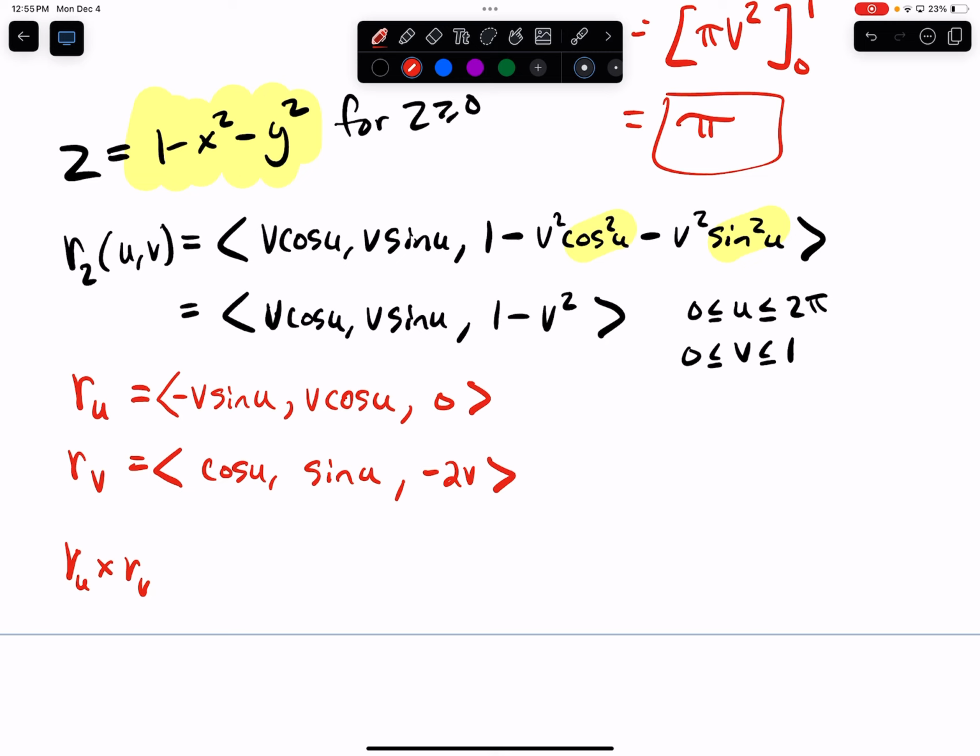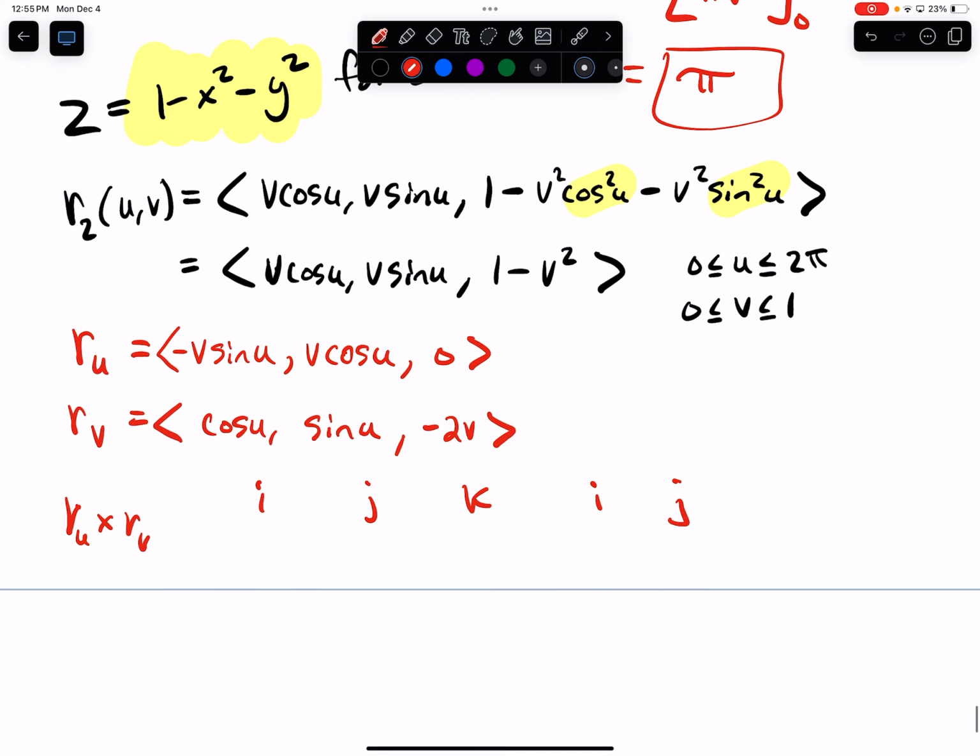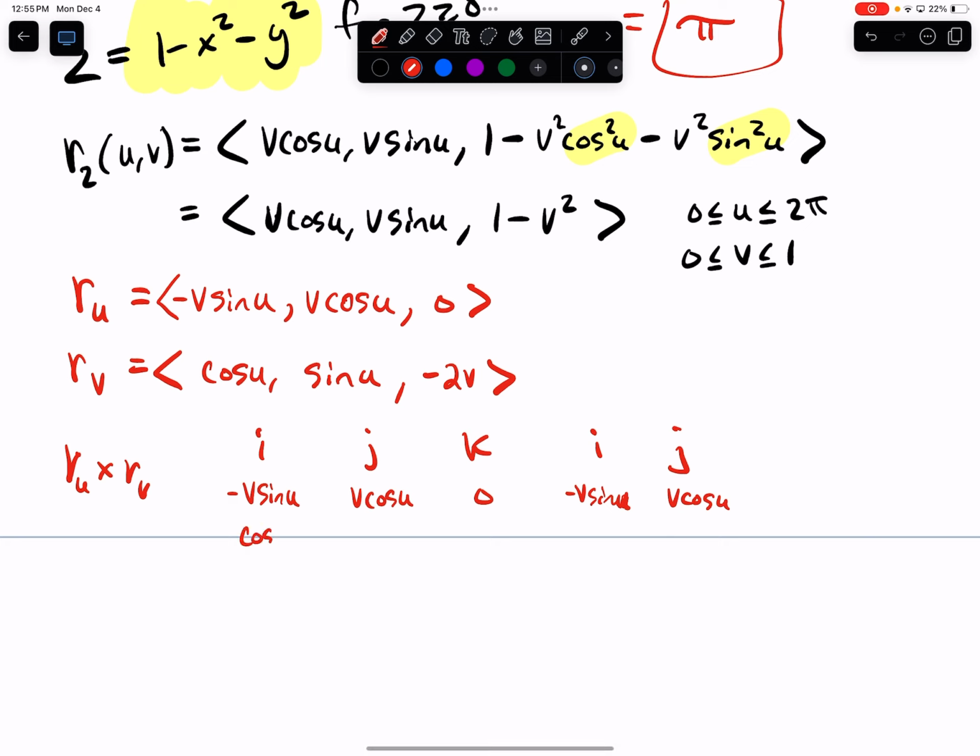Okay. So i, j, k. Minus v sine u, v cosine u, 0. Cosine u, sine u, minus 2v.